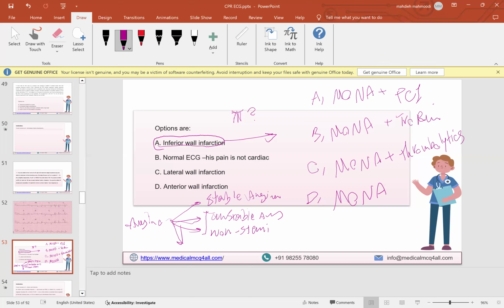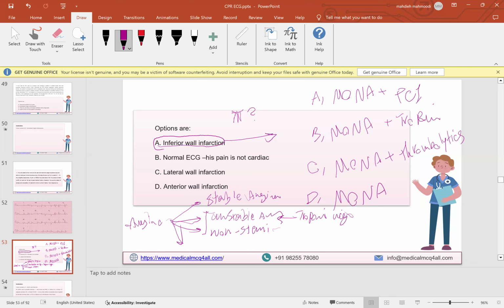But the hypoxia wasn't that much to cause muscle cell damage, permanent damage. So because of the hypoxia, you have some changes, but it wasn't enough to make the muscle cells die and burst open. Because of that, the troponin is negative.